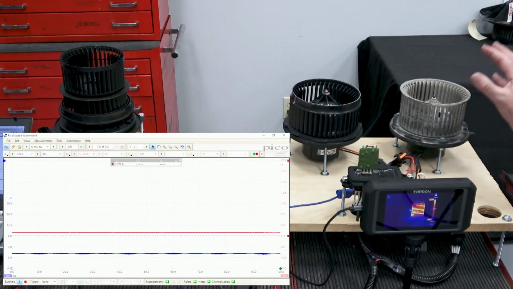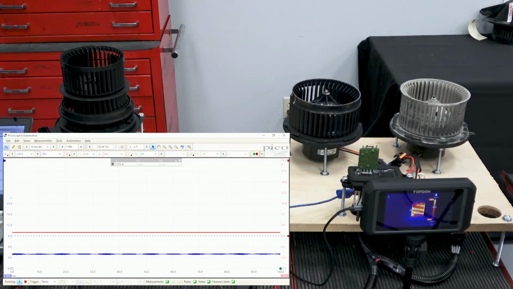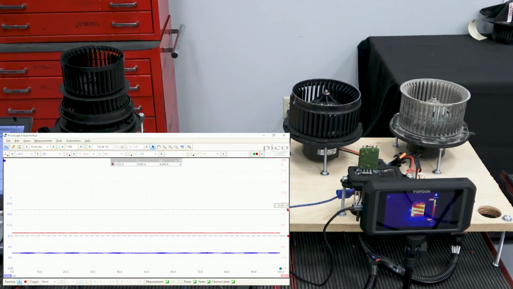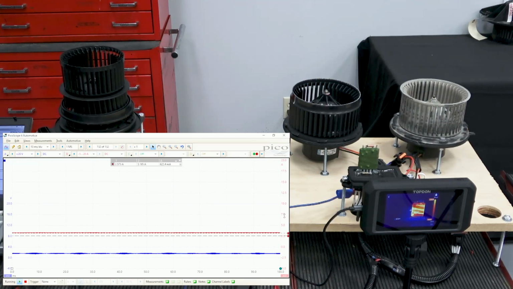It is actually moving, just barely. But if we go back and pull a cursor down on our current, you can see that even though the motor is not moving or just barely moving, it's pulling about 3.2 amps. It's pulling almost an amp more current than the good motor, even though it's not moving.